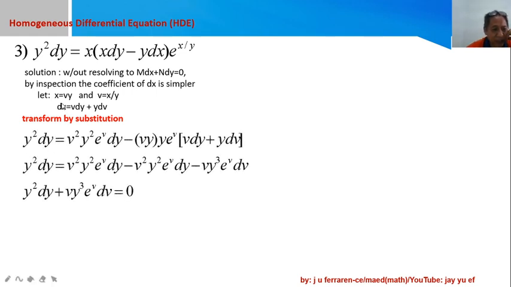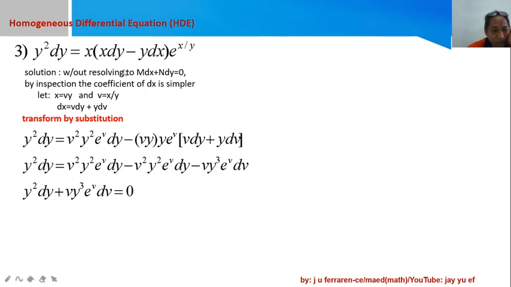It's x that will be changed. This is x squared, correct? That is x squared dy. x squared is now v squared y squared. This is actually produced by distribution, including the exponential of v. So distribute and substitute at the same time.